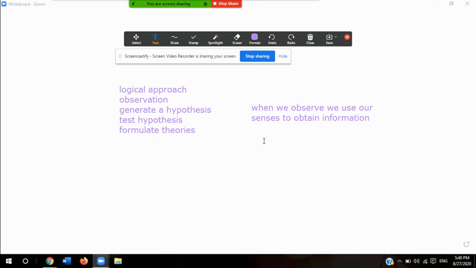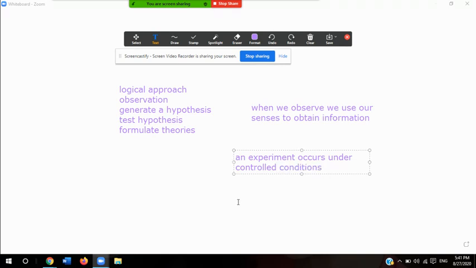It says experimenting involves carrying out a procedure under controlled conditions to make observations and collect data. One very important thing about an experiment is that it occurs under controlled conditions. Why is that?